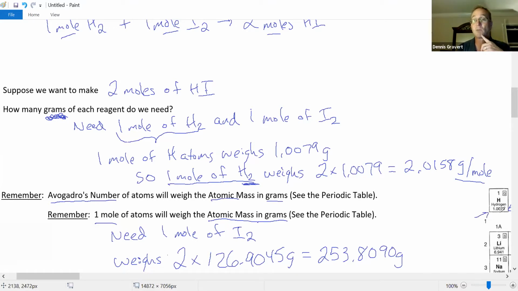Periodic table says if you have 1 mole of hydrogen, it's 1.0079 grams. Then we did the math. There's 2 hydrogen atoms in 1 molecule. So if you have 1 mole of hydrogen gas, 2 times the atomic mass will give you the number of grams in every mole of hydrogen gas.